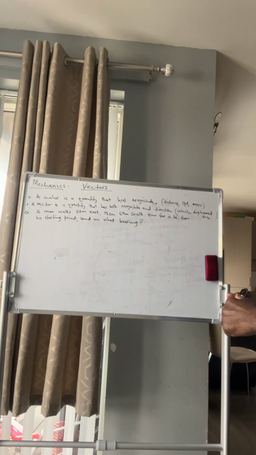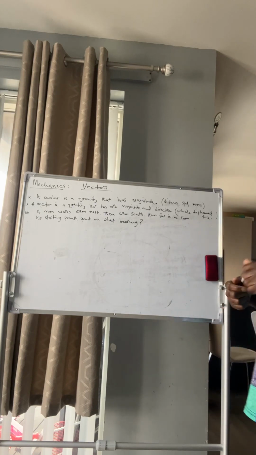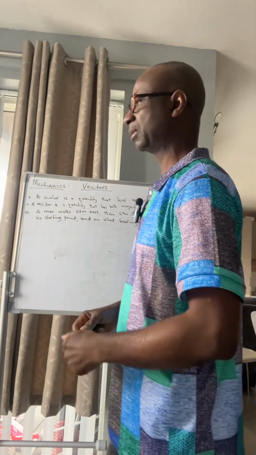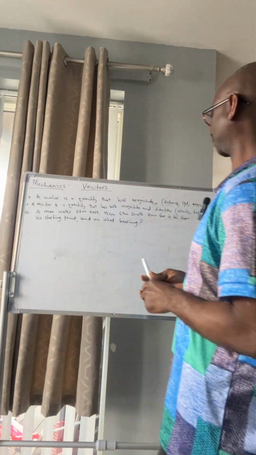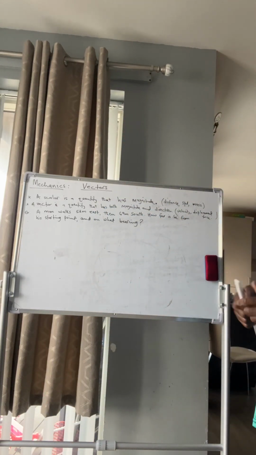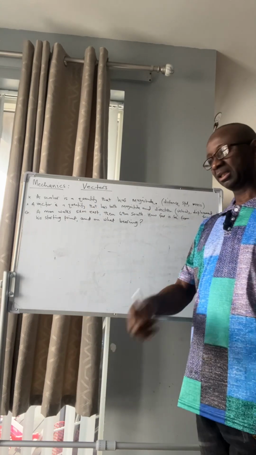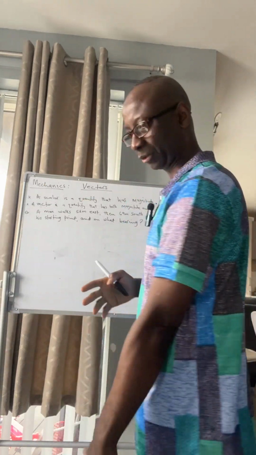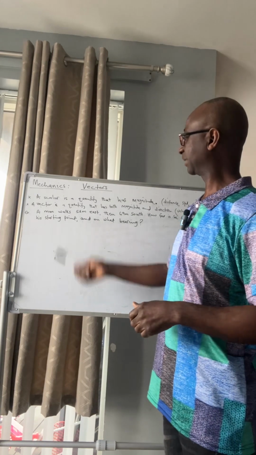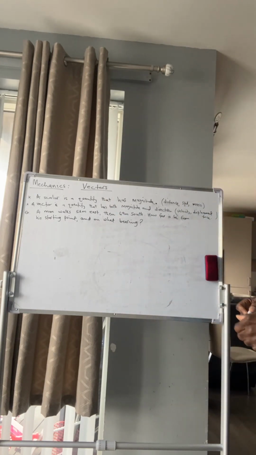For example, you have velocity. Velocity has a magnitude, it also has a direction. Displacement is the same thing. A force, you apply force on something, it must come from a direction or be going towards a direction. So that is the difference between a scalar and a vector quantity.